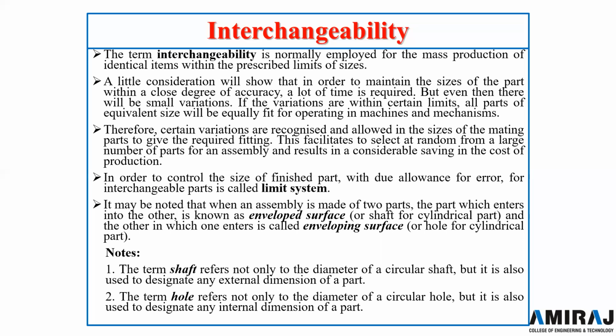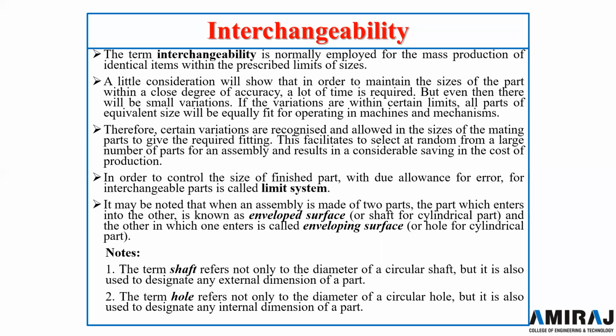It may be noted that when an assembly is made of two parts, the part which enters into the other is known as the enveloped surface, or the shaft for a cylindrical part, and the other, into which one enters, is called the enveloping surface, or hole for a cylindrical part.